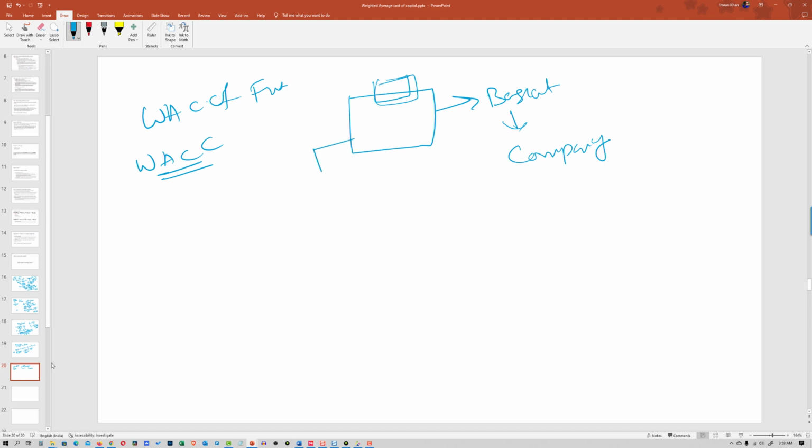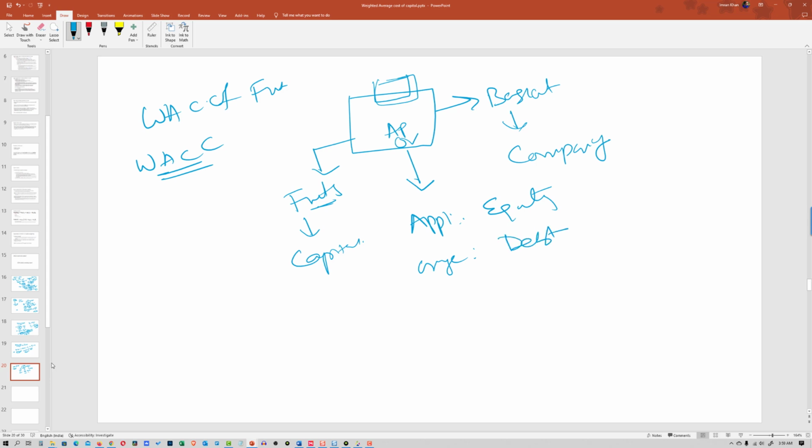And I said I have fruits here. I'm going to replace this word fruits with capital. And I said I have apples and oranges in my basket. I'm going to replace the word apple with equity, and the word orange with debt.